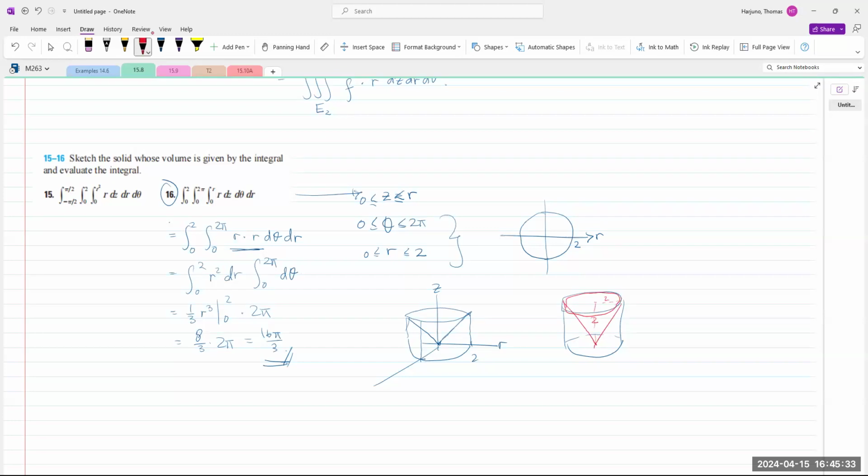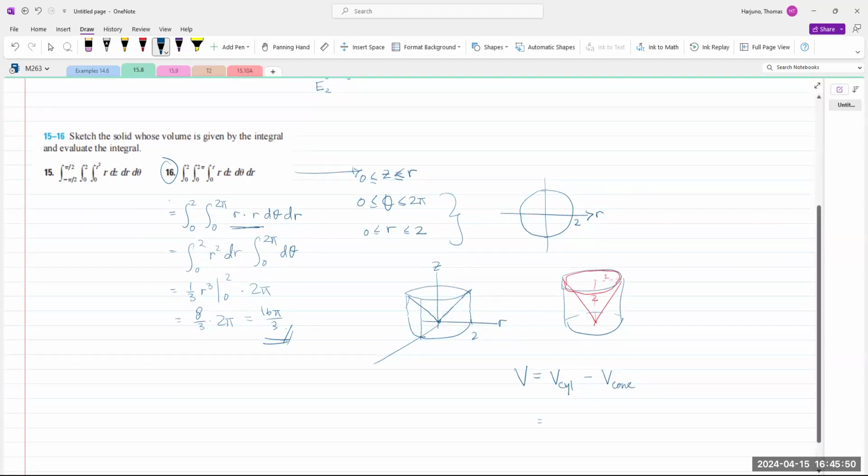So if we compute this geometrically, the volume is equal to the volume of the cylinder minus the volume of the cone. Is that right? The volume of the cylinder is pi r squared times the height, minus the volume of the cone, which is pi r squared times the height over 3.